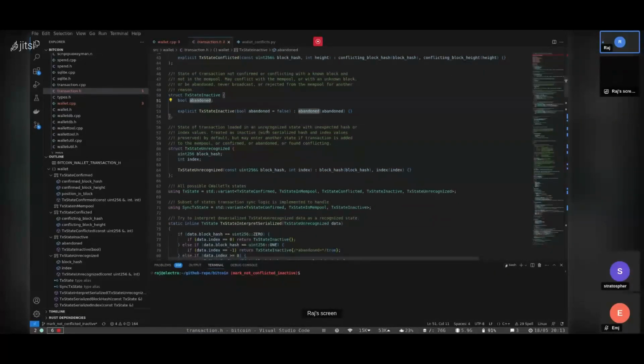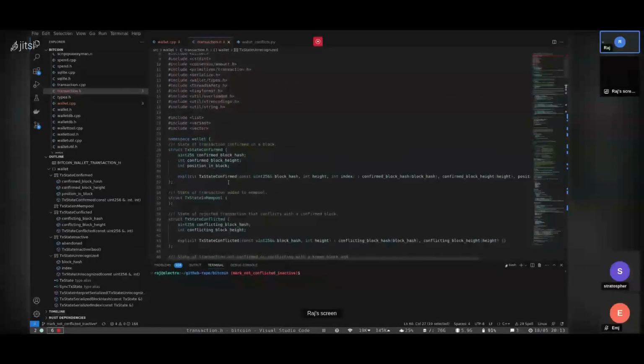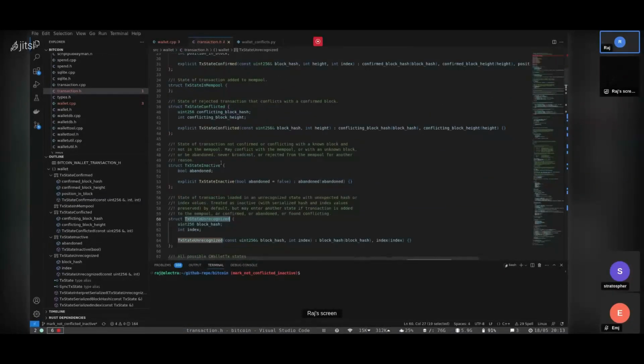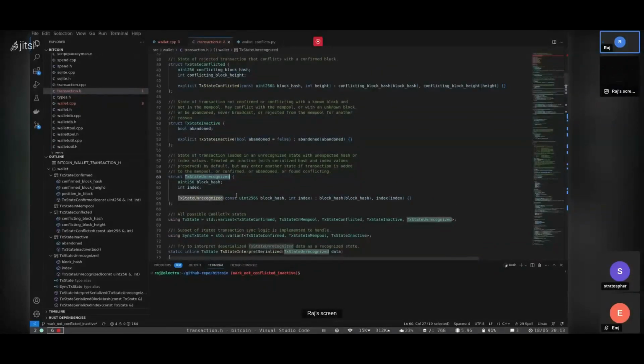But when it's not abandoned, which is the default, the wallet will try to rebroadcast. And then there is another state, transaction state unrecognized. So these are the five different states where a transaction can be.